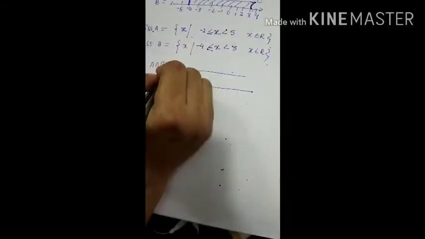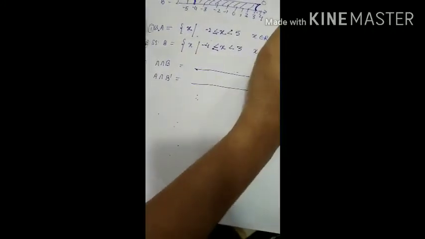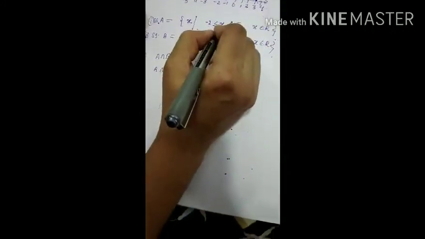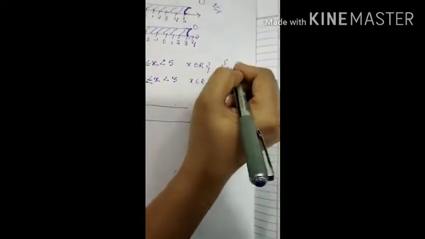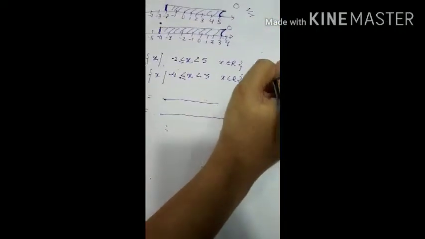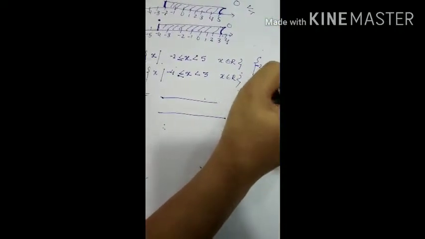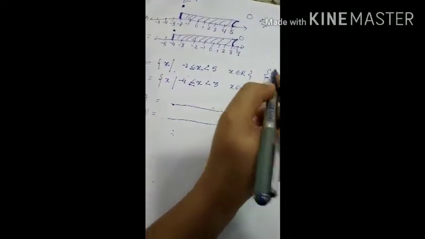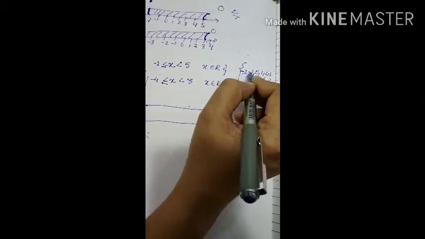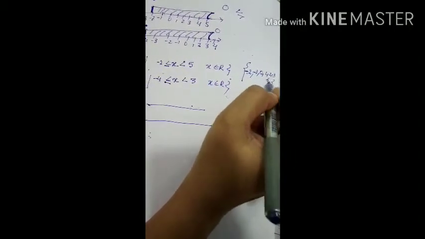Now to get the intersection, you have to understand what my numbers will be here. My x will be taking the value minus 2, because it is equal to, it is not going beyond minus 2. It is also taking minus 1, 0, 1, 2, 3, 4, but it is not taking the value of 5. So my solution set for A is minus 2, minus 1, 0, 1, 2, 3, 4.